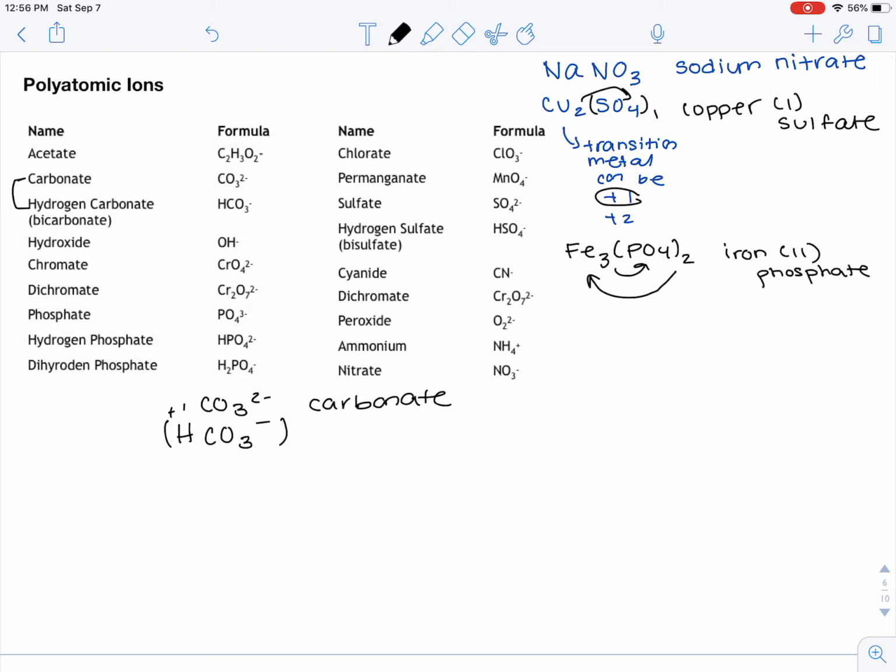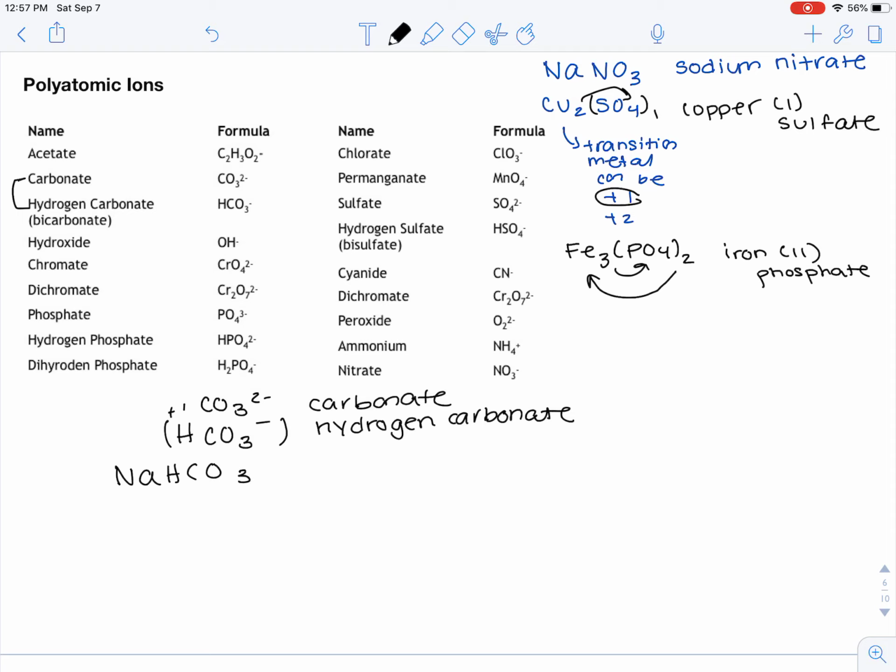And you think that on the inside, it's covalent. It's like a molecule. So you name it like this. You name the hydrogen, and then the polyatomic ion, carbonate. This can then, because it's an ion, still bond with a metal. So let's say you had something like NaHCO3.